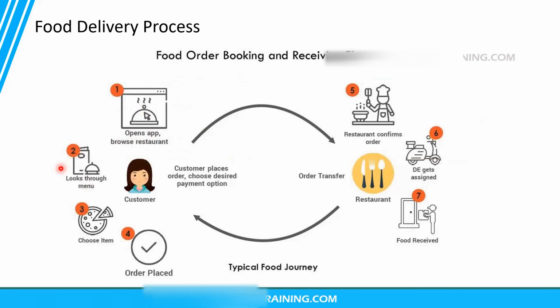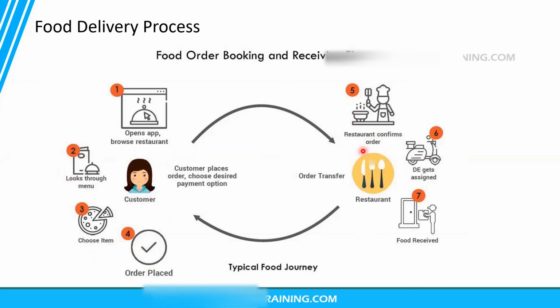Once we select the restaurant and go through the menu, we choose a pizza or any item and place the order. Once the customer places the order, it will send a confirmation to the restaurant. Let's say the customer placed an order with Pizza Hut. Once she placed the order, that order will be sent to Pizza Hut.